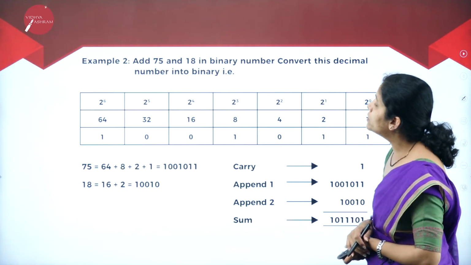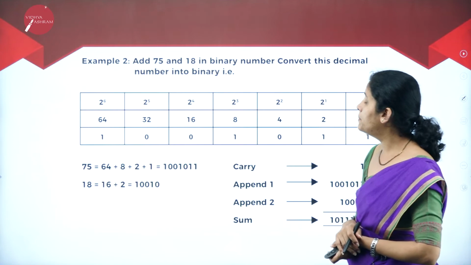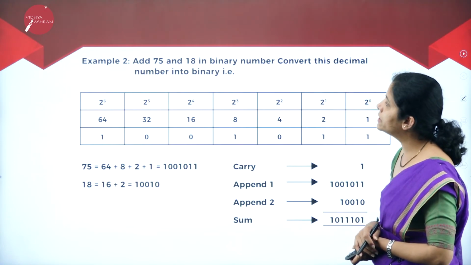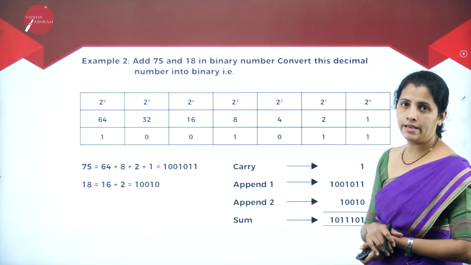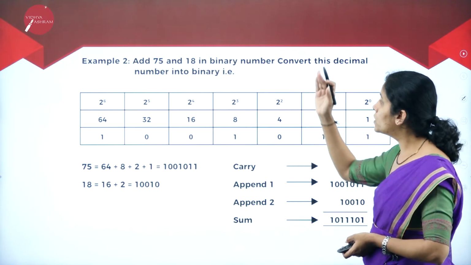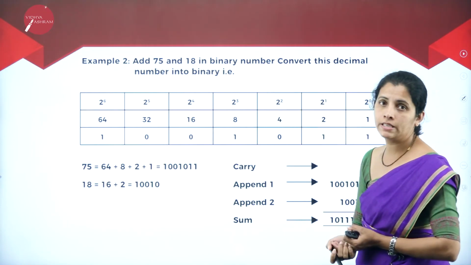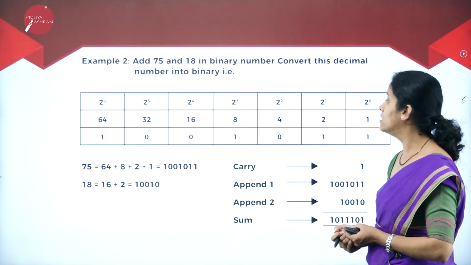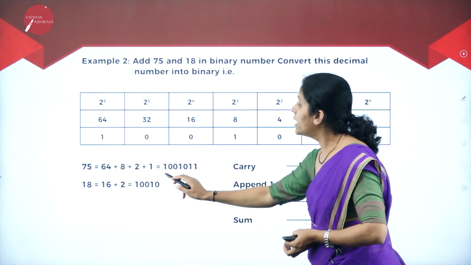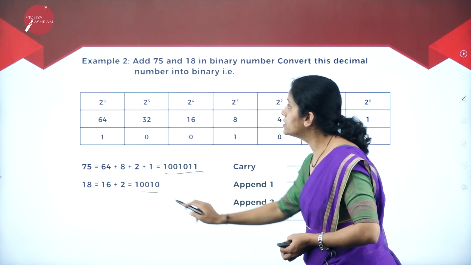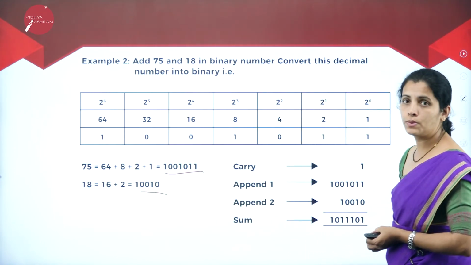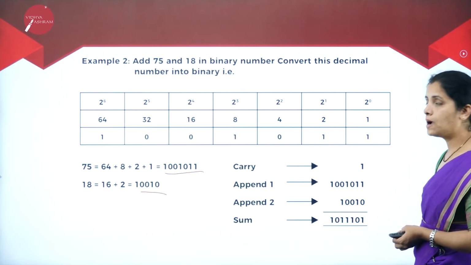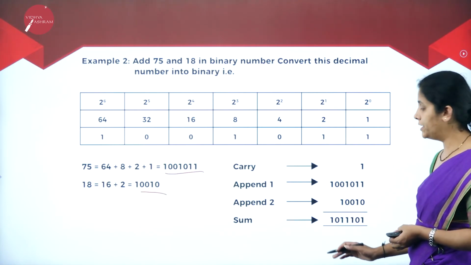Now I'm going to consider another example, that is nothing but 75 and 18. First, I want to write the binary representation of 75 as well as 18, and I'm going to perform the addition.